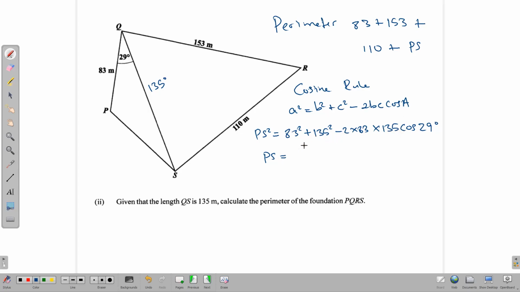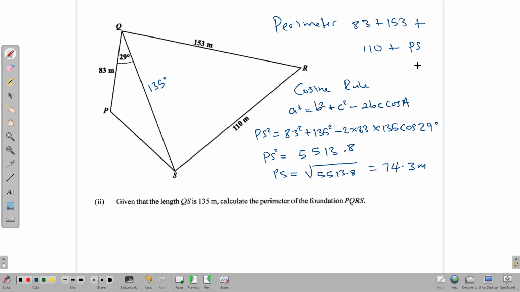And once you do that, your answer here should be 5,513.8. And then, of course, because we want PS, then we find the square root. PS is equal to the square root of 5,513.8, which is approximately 74.3 meters.